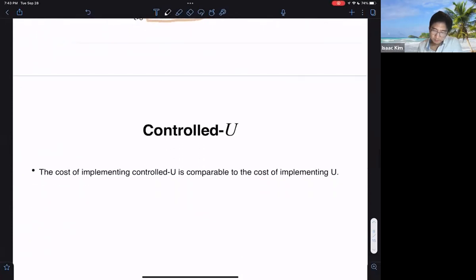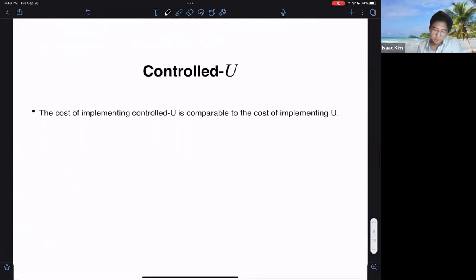Let's remember what we did in this quantum phase estimation. The first step was obtaining this momentum eigenstate, and that used a bunch of controlled unitaries.